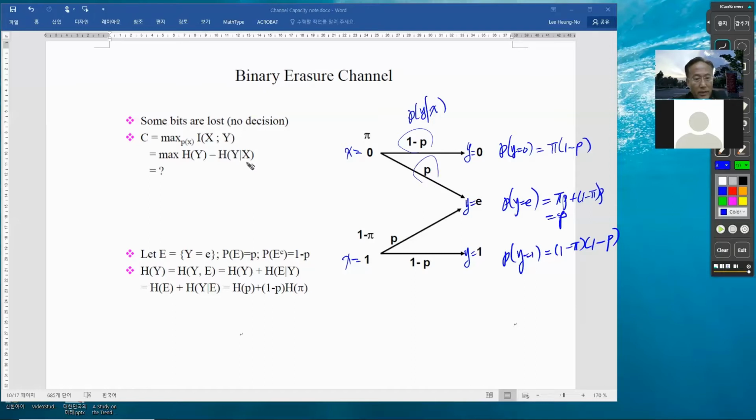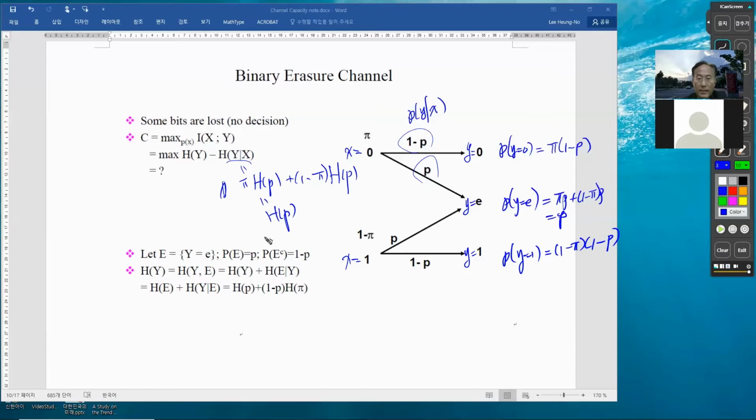So this can be written with respect to h of p, multiplied by pi, plus (1 minus pi) times h of p, and so on. So this is nothing but h of p.